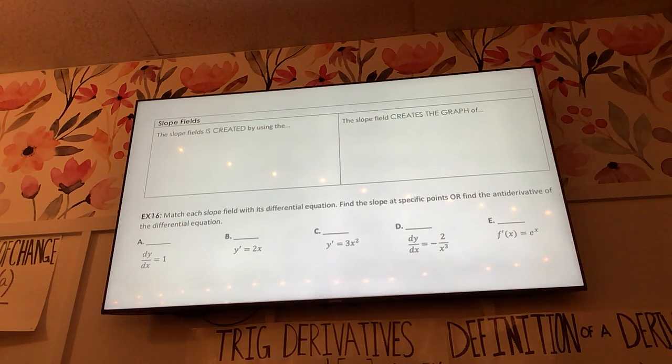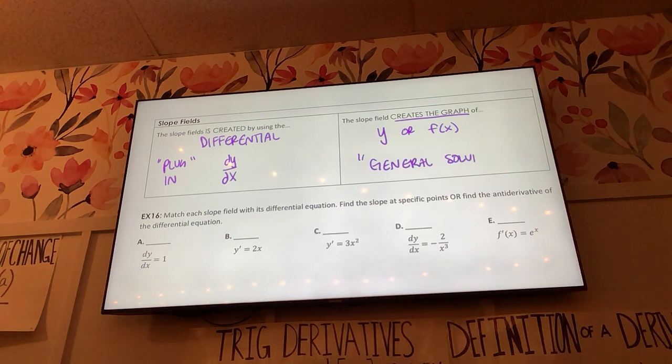All right, so just as a reminder, the slope field is created by using the differential or the derivative. So you plug into the derivative. The slope field creates the graph of y or f of x, the general solution. So it creates the graph of the general form.